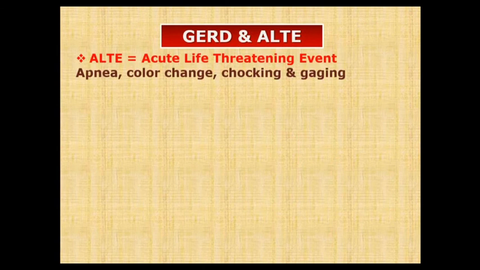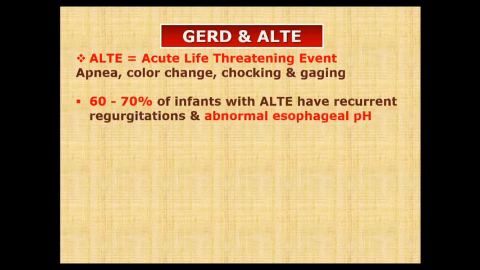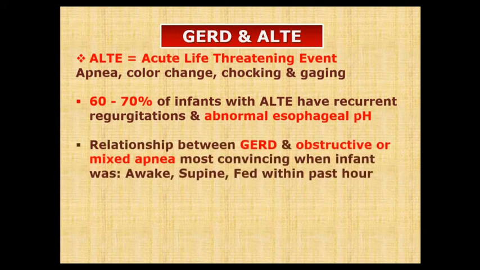We have what's called ALTE, which is acute life-threatening events, like apnea, color changes, cyanosis or pallor, choking, and gagging. They found that 60 to 70% of infants with ALTE have recurrent regurgitation and abnormal esophageal pH. What does this mean? It means a high association between GERD and ALTE.